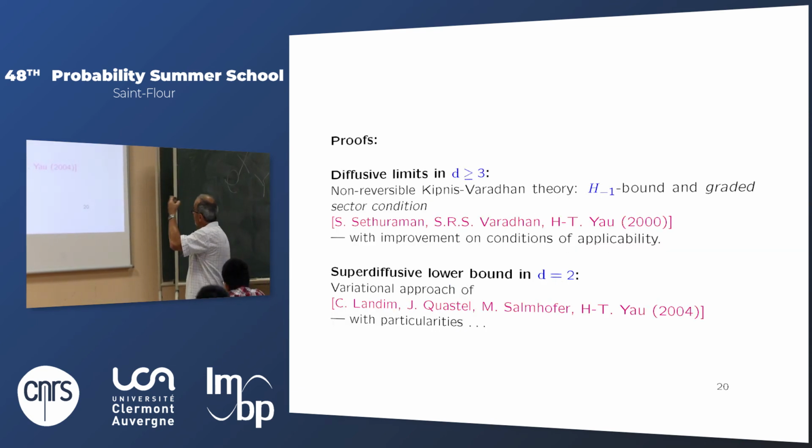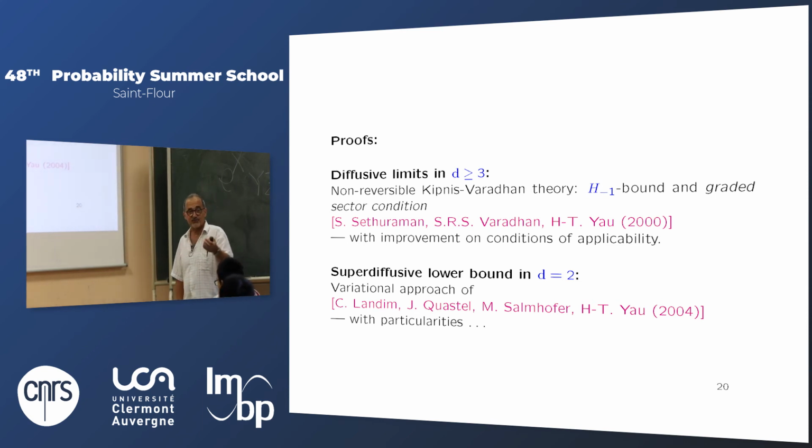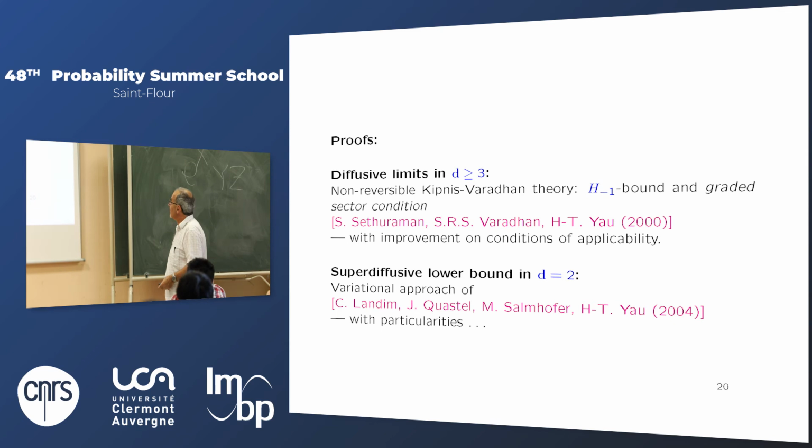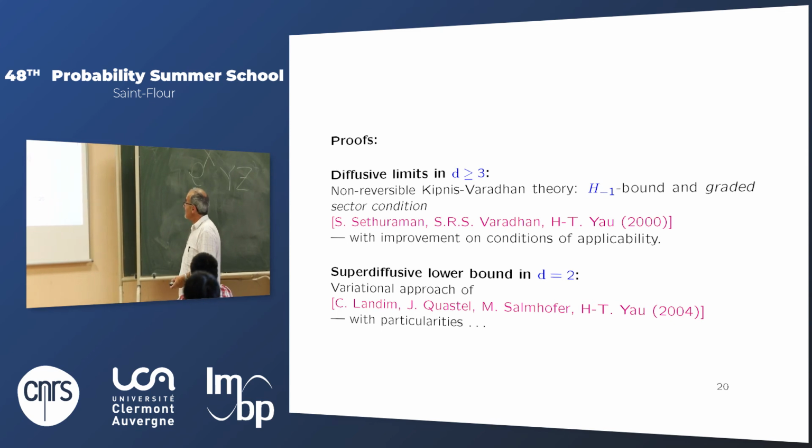And the method of proofs, now it's just a recapitulation of my second lecture, actually, not the first one. In the diffusive case, I use these non-reversible extensions and improvements of the Kipnis-Varadhan theory, in particular the so-called graded sector condition, which I mentioned, but it's very technical, so I will not go into details because with less than 15 minutes left, it doesn't make sense.